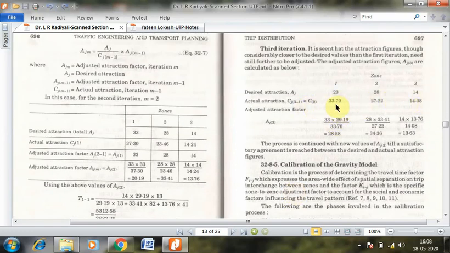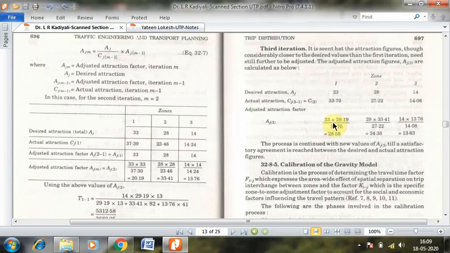That is C2. Then to find out the new adjusted attraction factor, that is Aj3, you will have to again repeat the same process. So what would be the equation now? Aj3 is equal to Aj multiplied by Aj m minus 1 divided by Cj m minus 1. So what is Aj m minus 1?